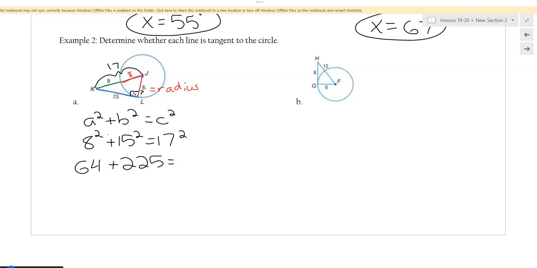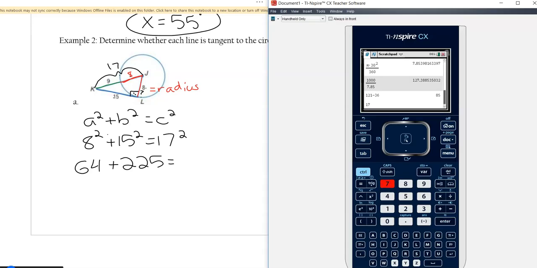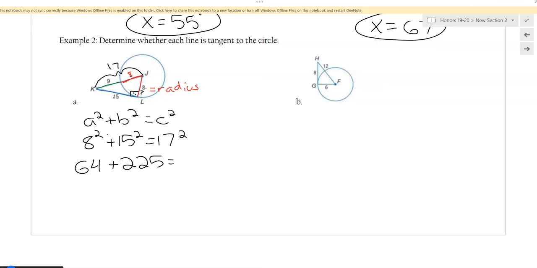I probably should know what 17 squared is, but I don't. 289. Then I'm just going to add these up. 64 plus 225 is 289. Does equal 289. Check.